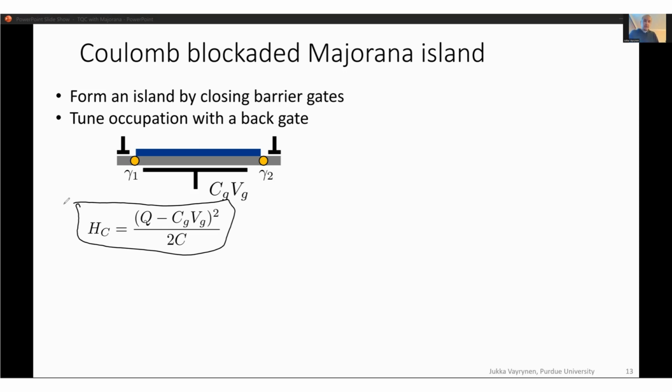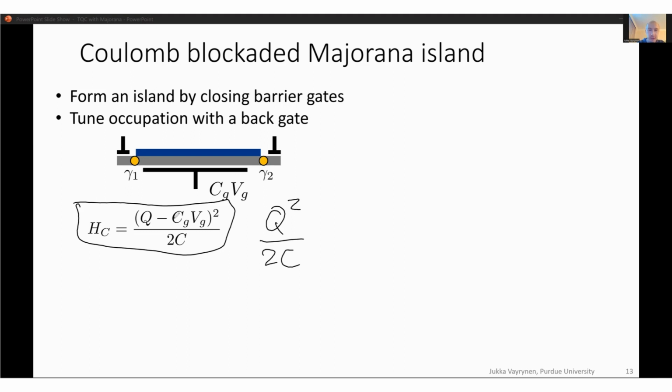So what we essentially have here in the system is a capacitor, and a capacitor has energy given by Q squared over 2C, where Q is the charge of the capacitor and C is the capacitance.